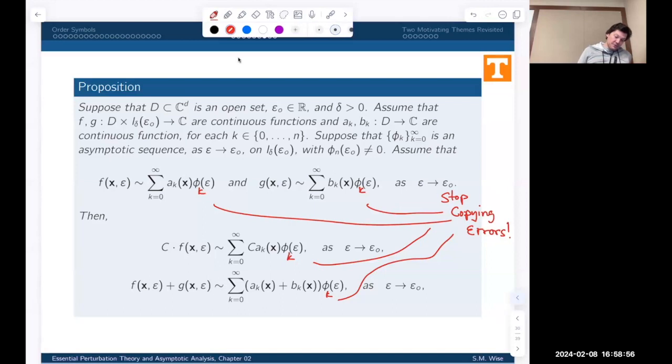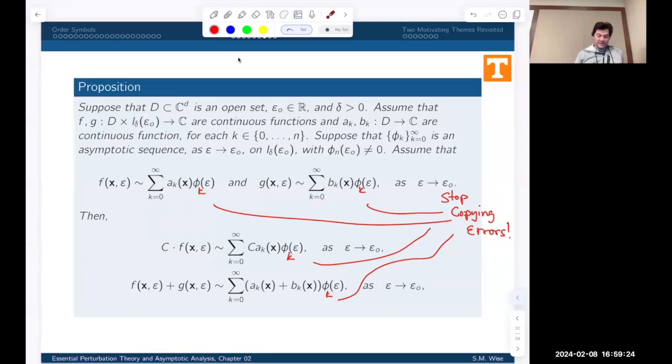Okay, so standard assumptions: f and g are continuous functions, and we assume that we have an asymptotic sequence, phi k. Suppose that f has an asymptotic series expansion in the phi k series like this, and g has a series expansion like this.